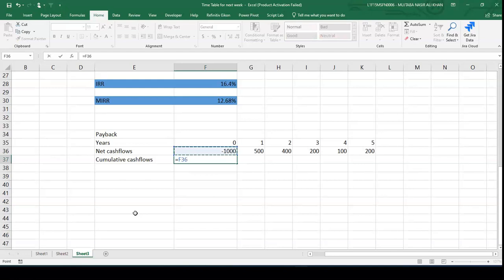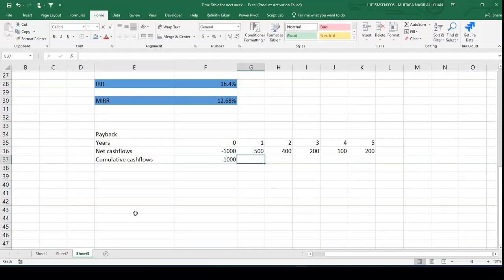This will come straight down because nothing is received in year 0. In year 1, you have covered the 500. Then copy it. So that means at the end of year 2, you haven't covered the cash flows, but at the end of year 3, you have covered more than the cash flows. So the answer will be 2 years plus how many months?